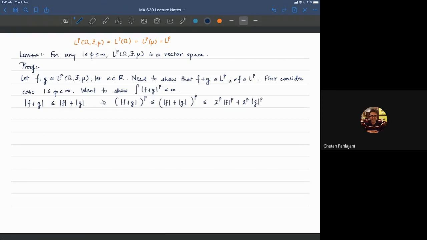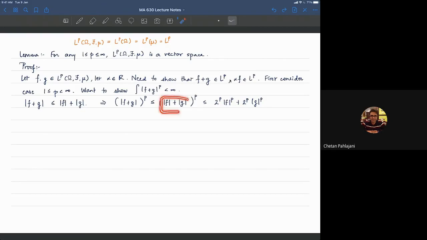Now let's see why this inequality is true. Here I'm adding the absolute value of f and the absolute value of g. Now there are two possibilities. Either the absolute value of f is greater than or equal to the absolute value of g, or the absolute value of f is less than the absolute value of g. Suppose the absolute value of f is bigger. That means the absolute value of f plus the absolute value of g is no more than 2 times the absolute value of f.